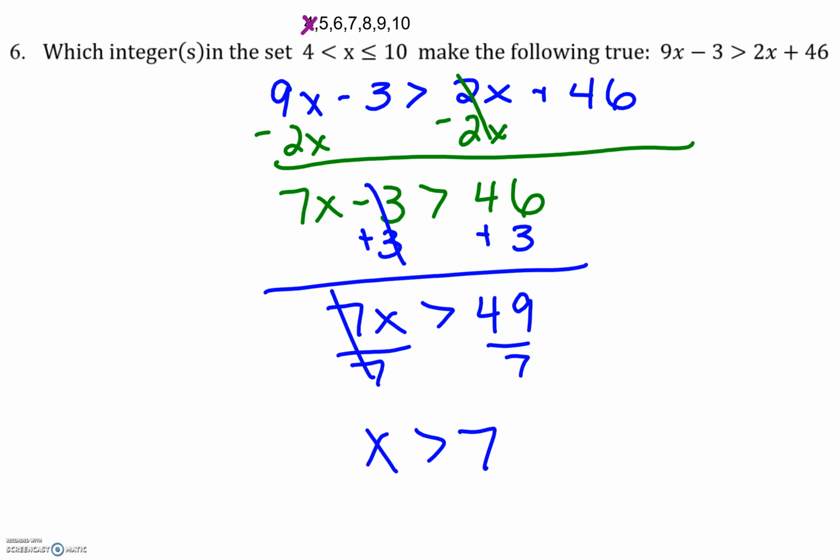So let's go through our other choices. Can I replace that x with a 5 to make it true? No, 5 is not greater than 7. 6 won't work. I can't put a 7 there because this is saying 7 is greater than 7. That's not true. It's equal to, so 7 won't work. The 3 integers that work are 8, 9, and 10.